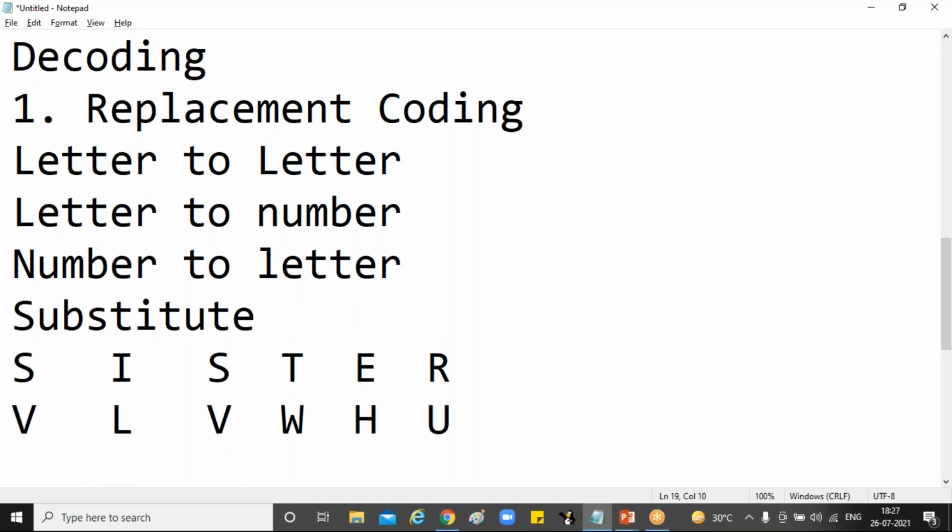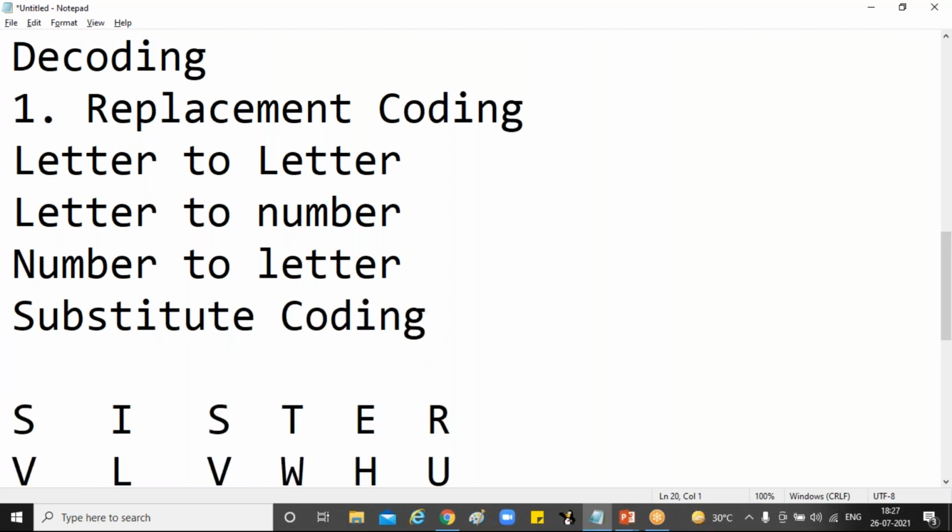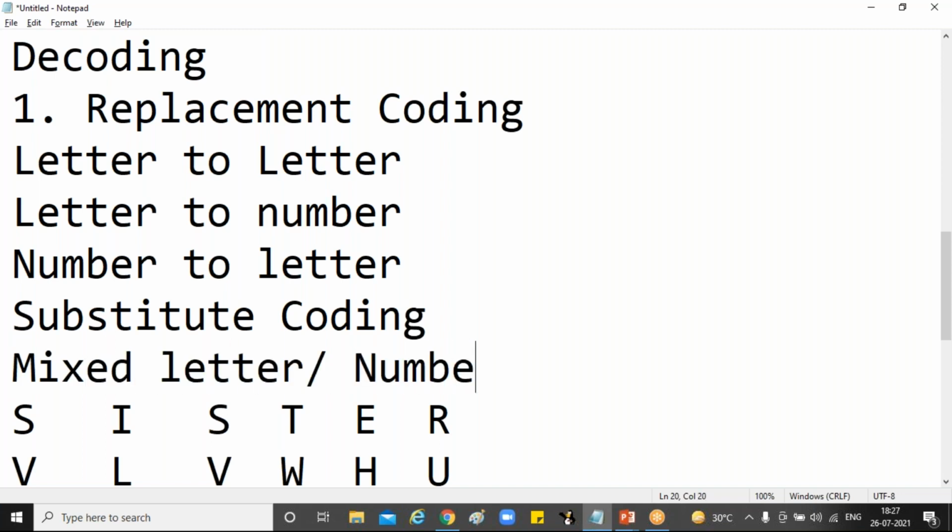Next one is substitute coding. I will explain each and every model, don't worry. Next one is mixed letter or mixed number coding. One by one we have to follow: letter to letter, how to approach, letter to number, number to letter. What is the meaning of substitute coding? Mixed letter.